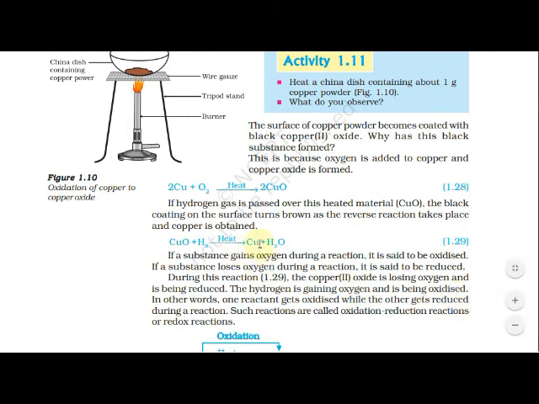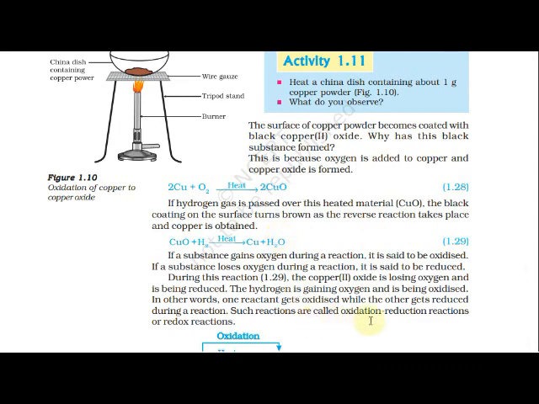Here oxygen is lost, and H2 gained oxygen. That is why this reaction is known as reduction. And here oxygen is gained, so it is an oxidation reaction. Reaction 1.28 is oxidation, 1.29 is reduction.